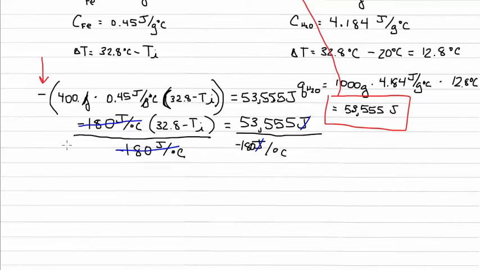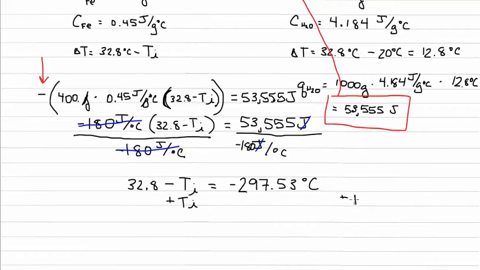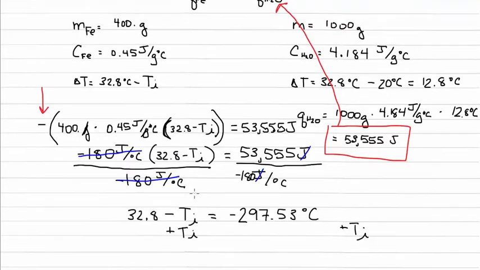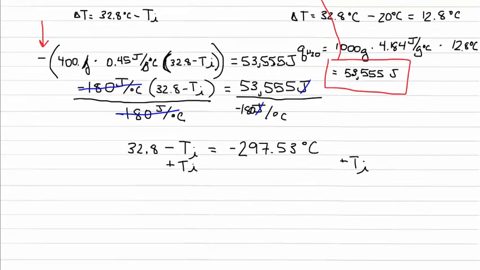Now we've simplified this a little bit. We have 32.8 minus T initial equals negative 297.53 degrees Celsius. Now I add T initial to both sides. That gets it out over here, and then I have a positive value over here.